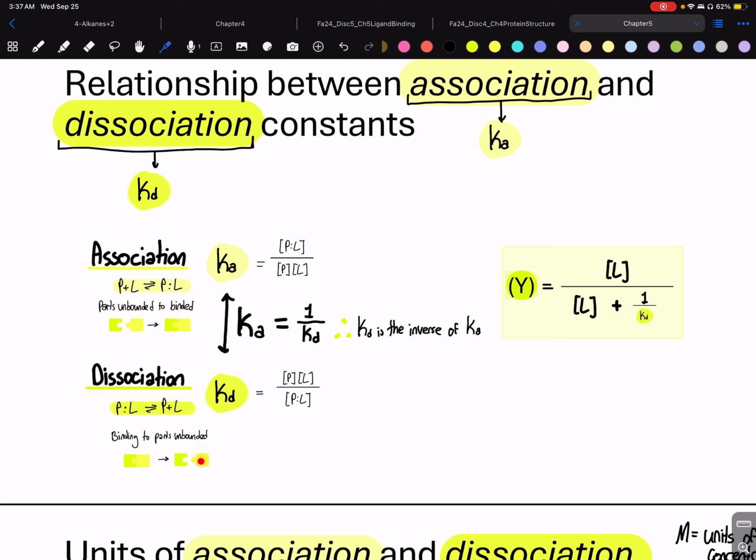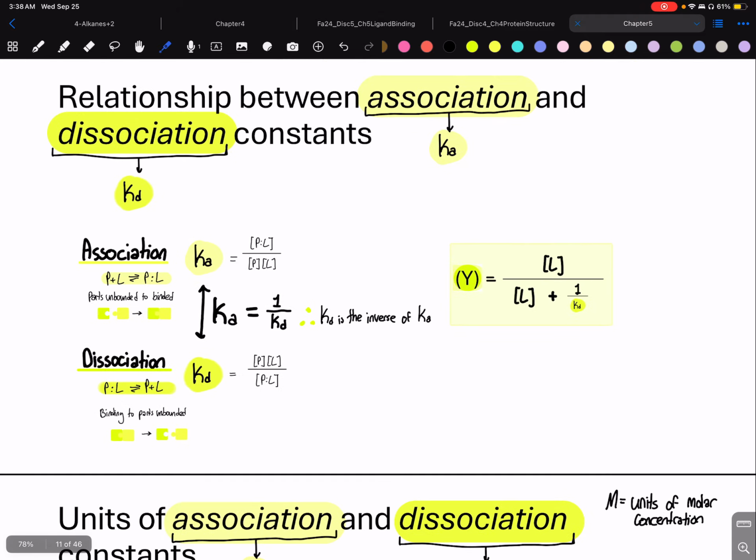Dissociation, I am breaking my puzzle, they no longer know each other, they are dissociating from each other. So for Ka, that value again is the amount of bound ligand over the separate concentrations, and then Kd is just the inverse of Ka, so it's the separate concentrations over the amount of bound ligand.